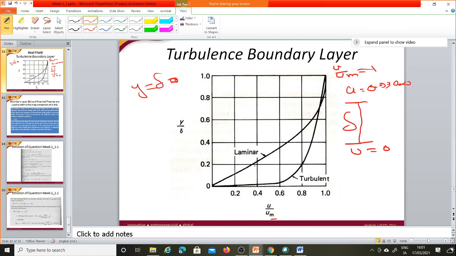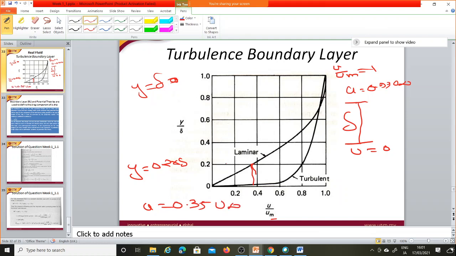If you want to find the velocity at 0.2, meaning y equal to 0.2 times delta, 20% of the boundary layer thickness, the velocity attained is maybe 0.35, so u will be 0.35 of the mainstream velocity.